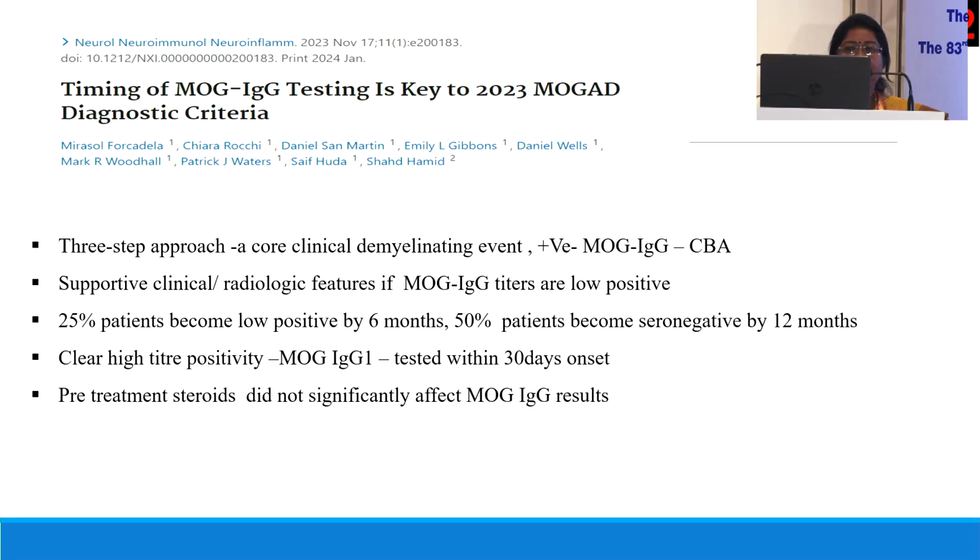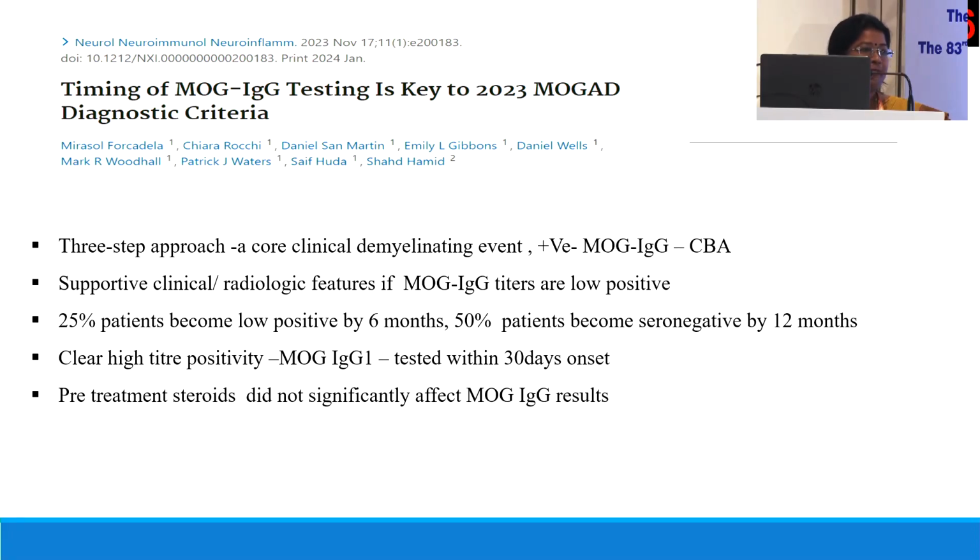So in spite of that, we do make a diagnosis of MOGAD, because 25% of the patients can become low positive by 6 months, and by 1 year, 50% of them will totally be seronegative after the disease onset. So the clear high titer positivity, particularly in the IgG1, within 1 month of the onset of the clinical features, is considered to be very pathognomonic of a MOGAD.